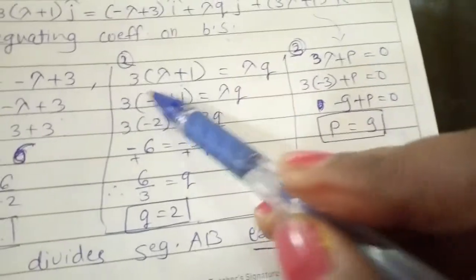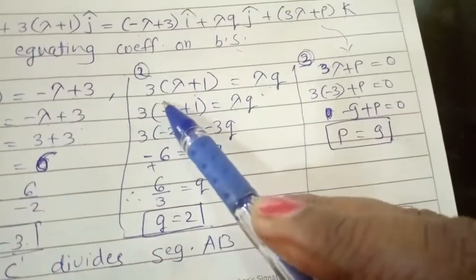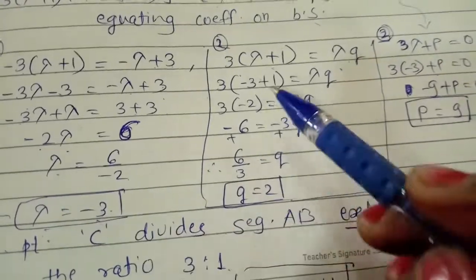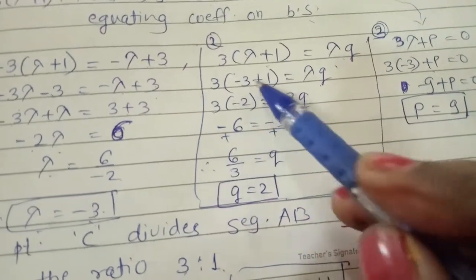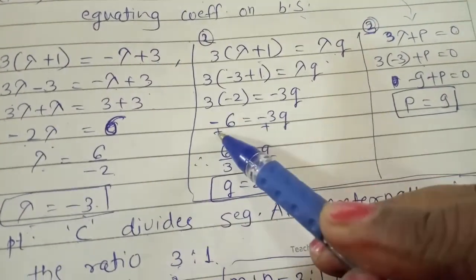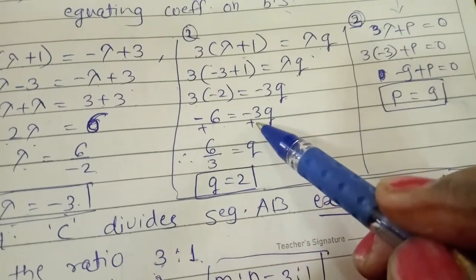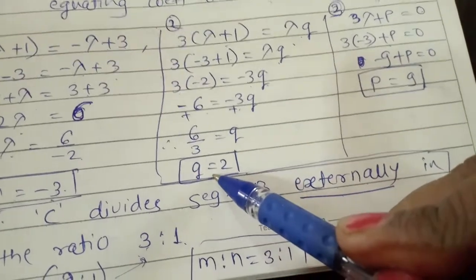After that we have to find the value of p and q. So here we already wrote these two equations by equating the coefficients on both sides. So here we just put down the value of λ, that is -3. So (-3 + 1) = λq gives -2 = ... so we get -6, and here the value of λ is -3, minus minus plus, so 6 upon 3, the value of q we get is 2.